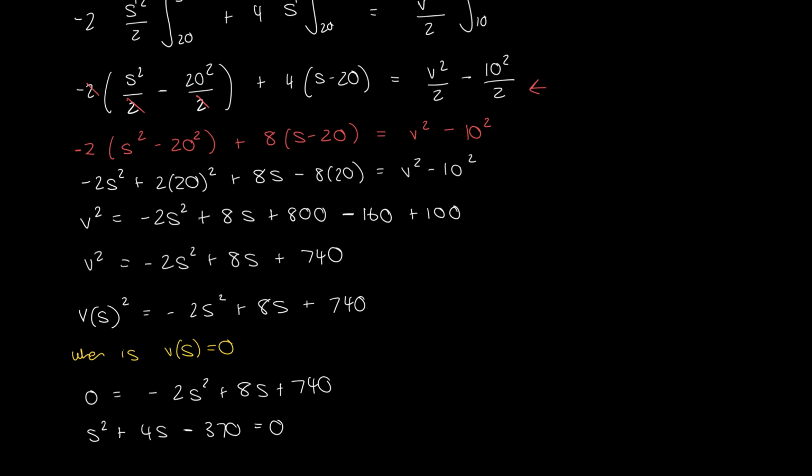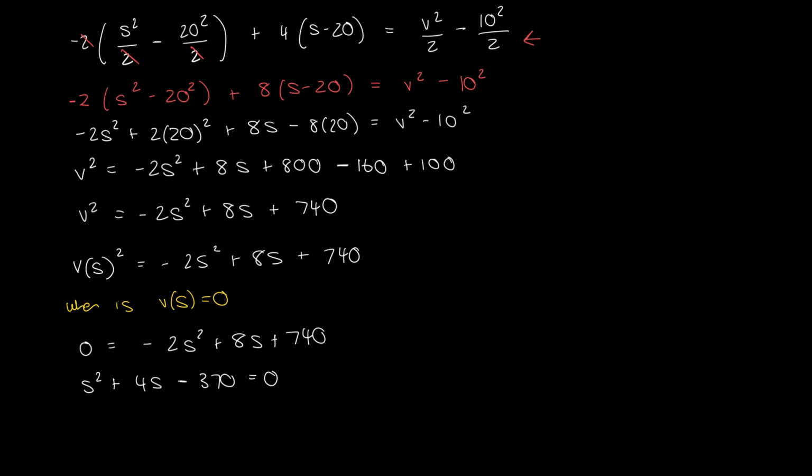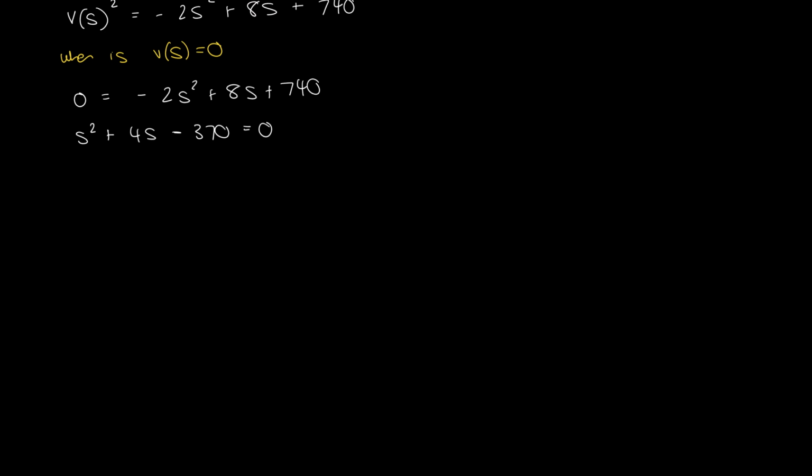And this is just a standard quadratic equation that we can solve. So let's just give more space. So we have s is equal to, and remember when you're doing your quadratic equations, it's minus b plus or minus the square root of b squared minus 4ac divided by 2a. So that is your a, that's your b, and that's your c.